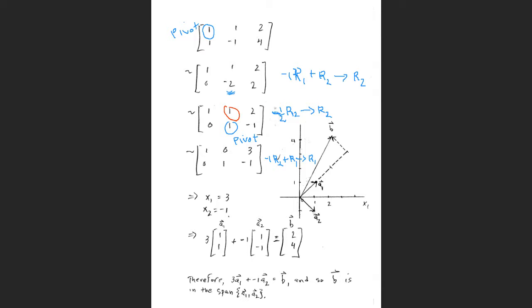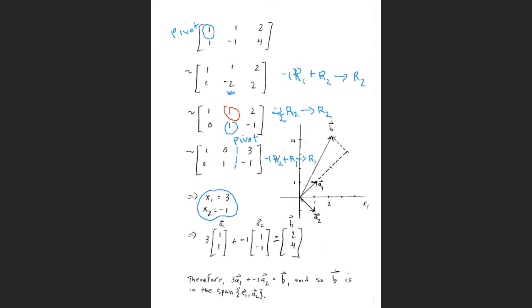It's a -1/2, of course. So this gets us where we need to be. It turns out that x1 is 3 and x2 is -1, based on our augmented matrix.